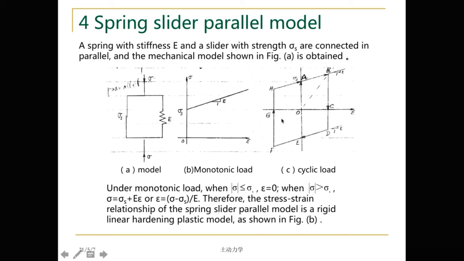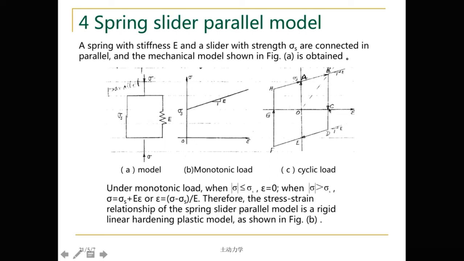The large area can be divided into four equal areas. We use OA times OC to calculate 1/4 of the area. OA is the strength of this slider, sigma s.